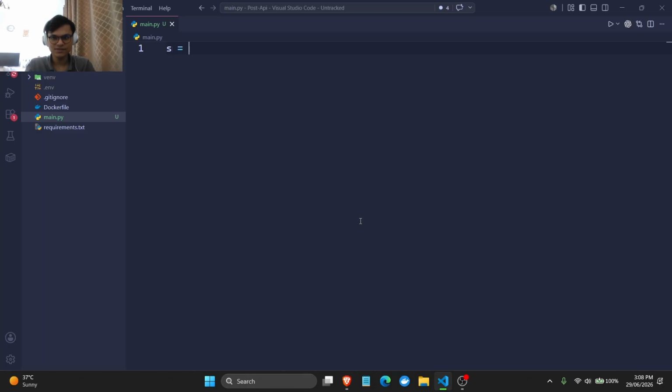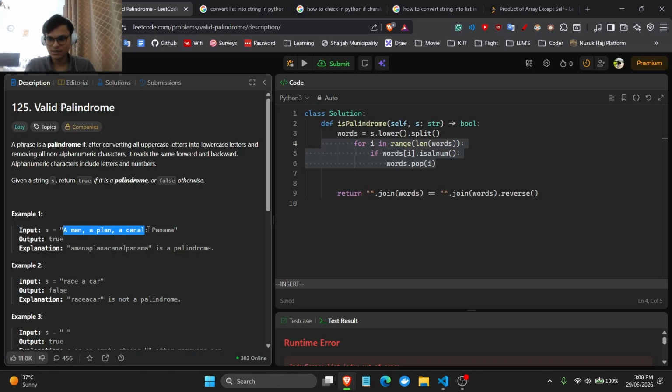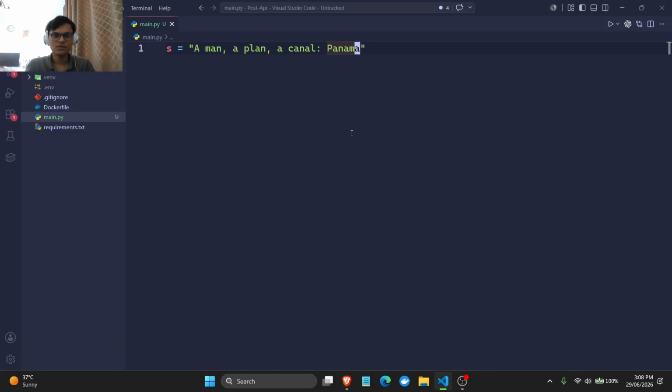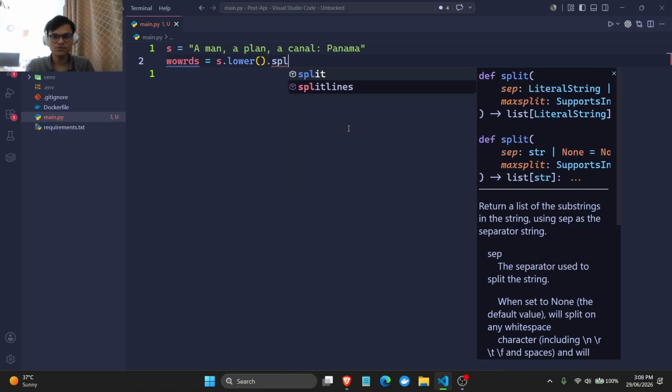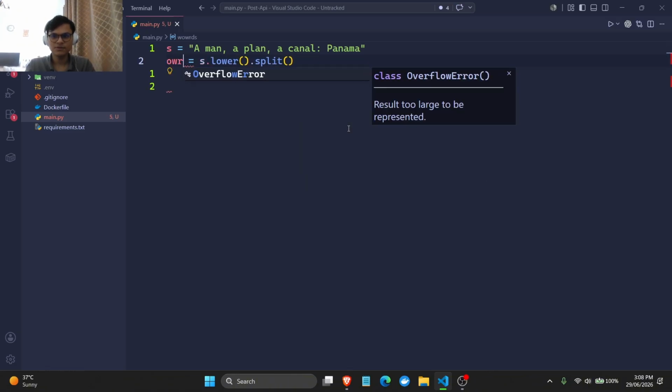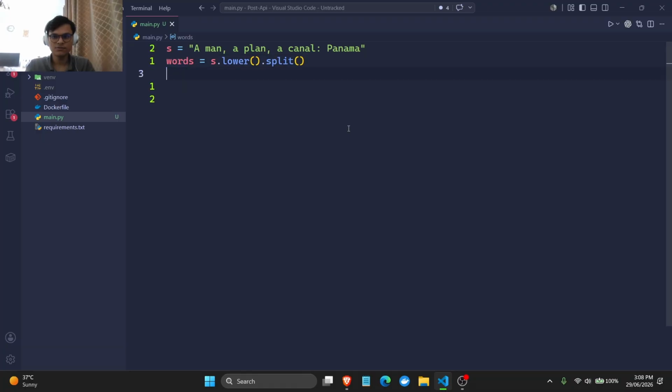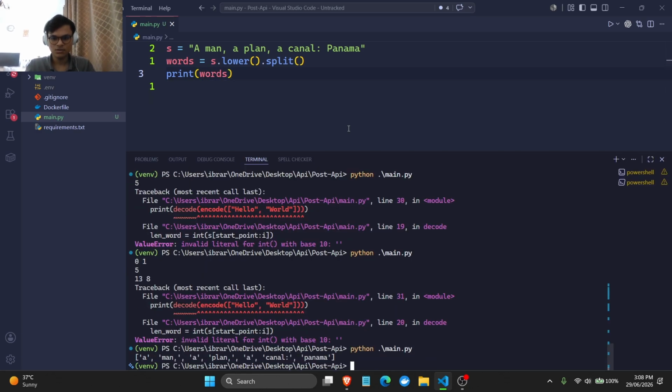I mean, if we have s equal to something like "a man, a camel", and words is equal to s.split, and if I print the words... the thing is, a string is not mutable.